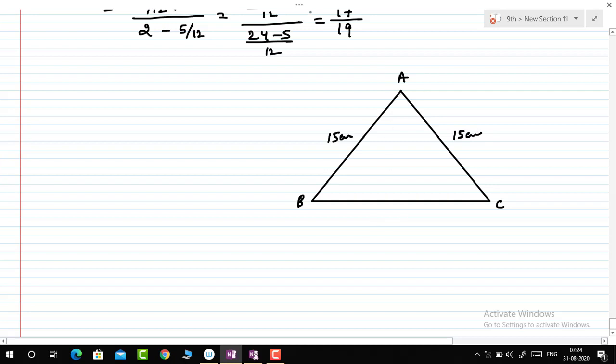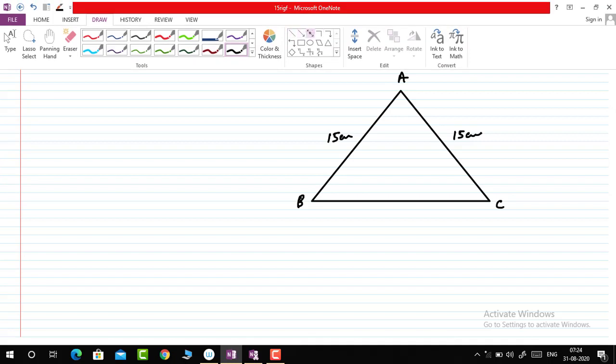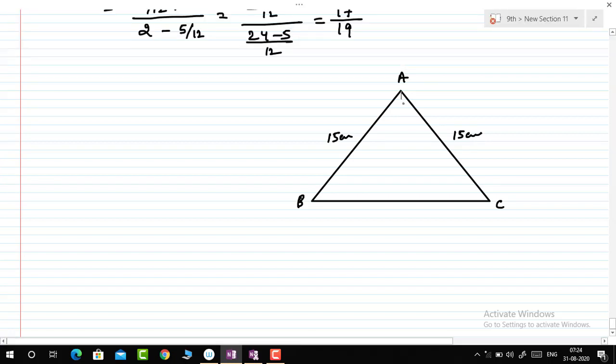So if I draw the perpendicular from this vertex, we know that the base is bisected in an isosceles triangle. So if the base is 18, it will be 9 and 9. Mark it D. Now, applying the Pythagoras theorem in triangle ABD, we can write AD square equals AB square, it is the hypotenuse, minus BD square.